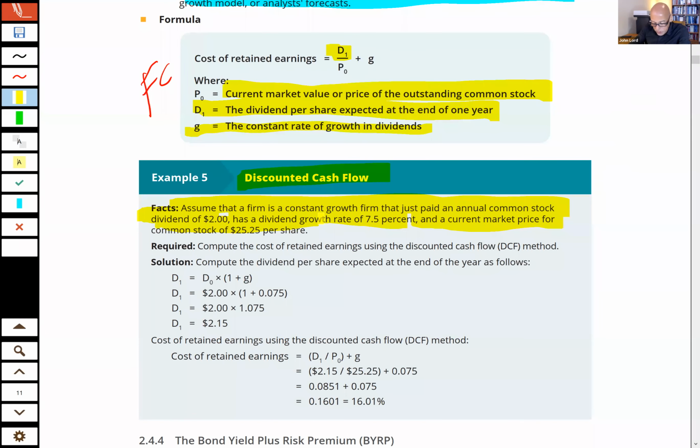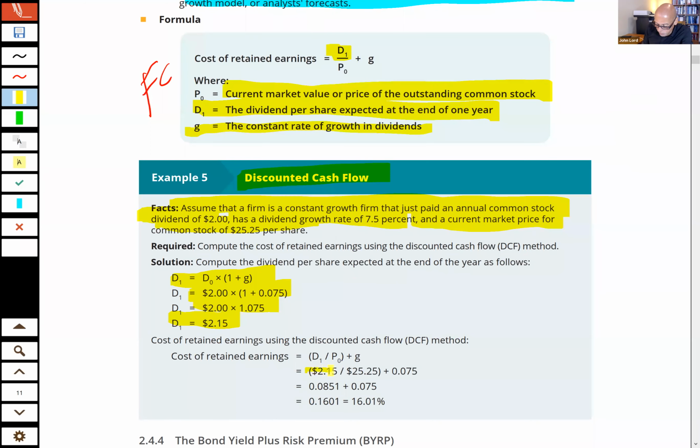So what happens? We take the dividend times 1 plus the growth rate, because of course we want to keep the 2 and we want to see what that dividend would be growing to. And so the dividend is going to grow to this 2.15.